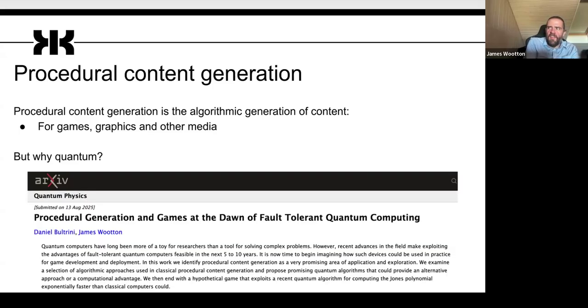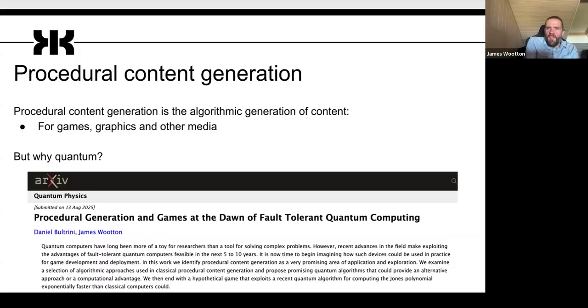It could be generating a puzzle when you're playing a puzzle game. It could be generating the texture on a teapot when you are rendering a CGI movie. And in fact, one of the really fundamental algorithms for procedural content generation did win an Oscar because it was useful in CGI.